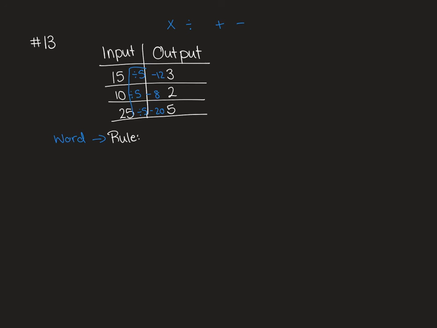Now, the one that's the same in all of them is going to be your rule, right? So your rule would be divide the input by 5.